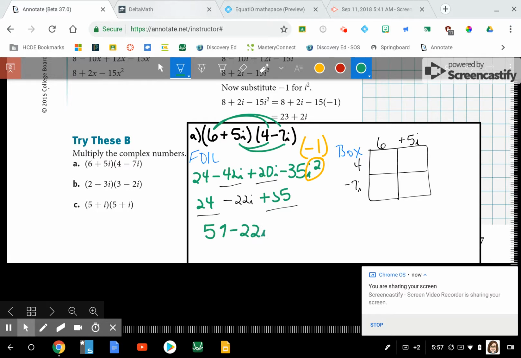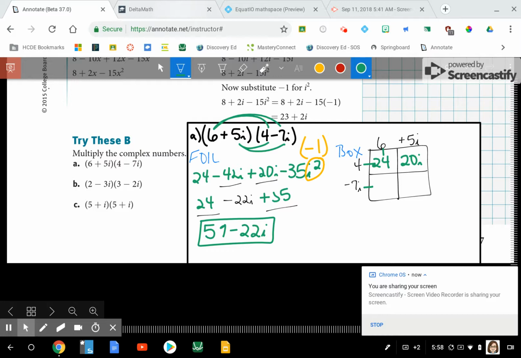Now, it's the same process if you had done the box method. Basically, the box method is just a different way for you to get all of these terms. Once you get all of those terms, it's the same process. Let me just quickly show you box. Remember, box is where you line up the rows and the columns. So in this first box, it's 4 times 6, or 24. And then it's 4 times 5i, so that would be 20i. In this row is negative 7i, and this column is 6.